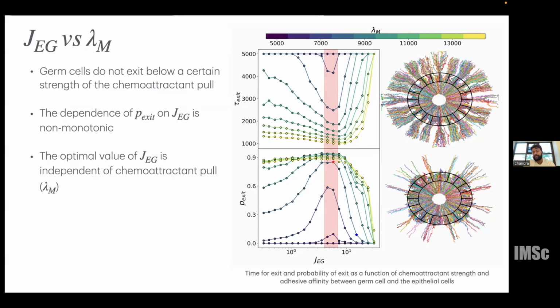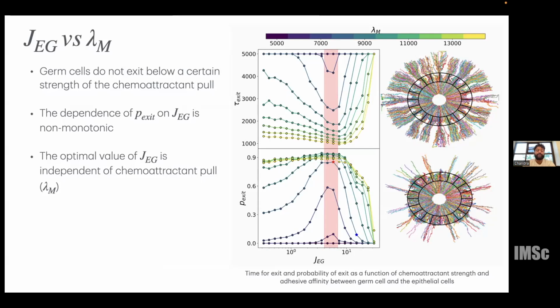Of course, if the strength of the chemoattractant is very weak, then the germ cells don't exit. On the other hand, when it is very, very strong, it exits with very high probability, almost independent of the adhesive affinity between the germ cell and the epithelial cell.